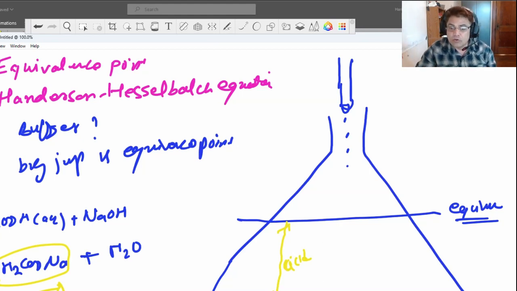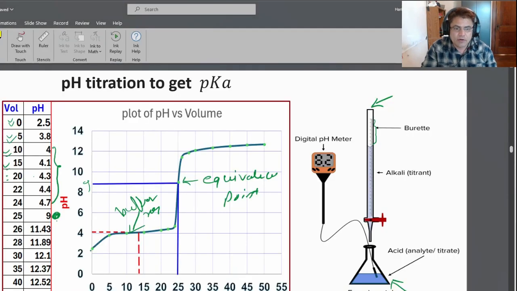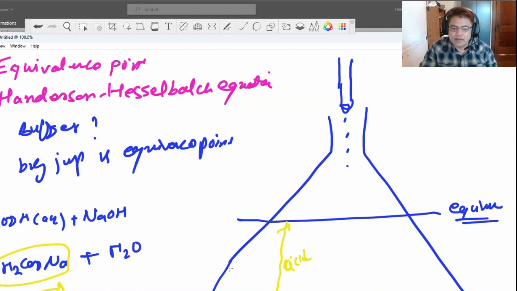So look at that. During your titration, you have both things there, salt plus acid. It will be a buffer, but not a perfect buffer. That's why it is a kind of buffer. Look at 2 and 4, it is still stabilizing, but it is not a good buffer, right? Its capacity is not that much. Once you go up, let us suppose you have neutralized that much.